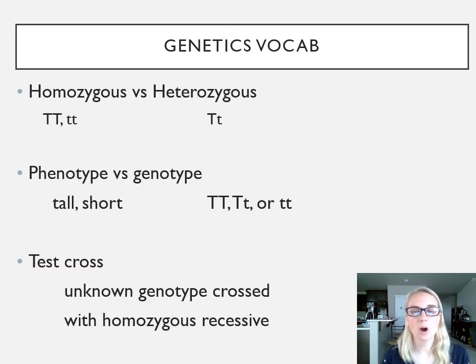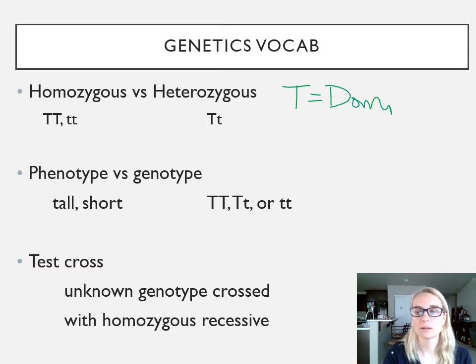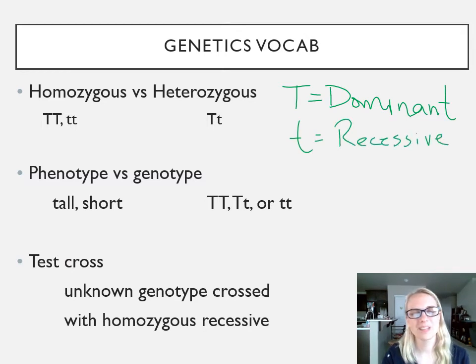It is convention, if you will, to give the capital letter to be the dominant allele, and the lowercase letter is going to be the recessive. Okay, that's just kind of how we do it, the rules, if you want to follow the rules.